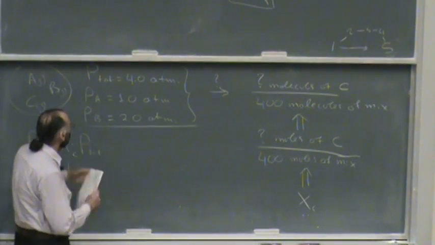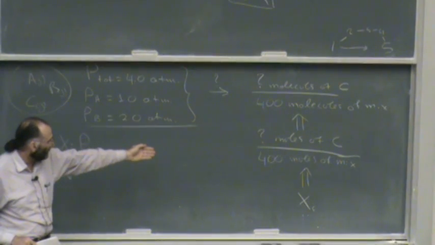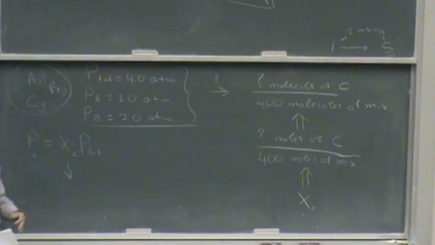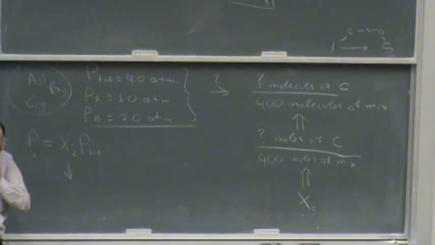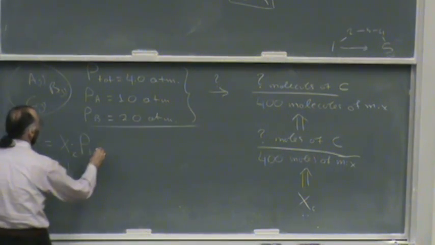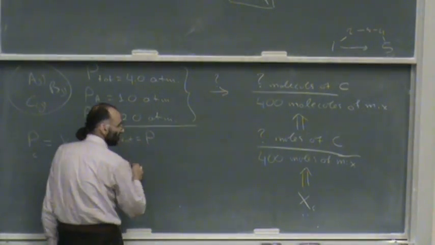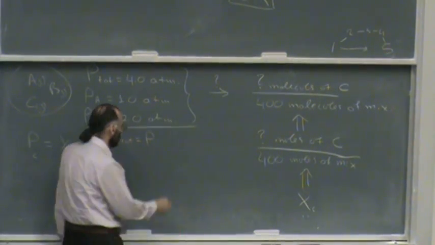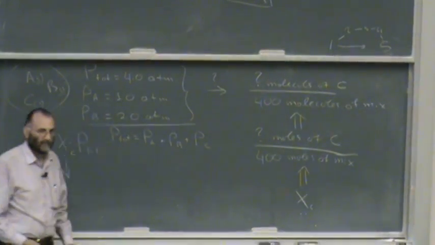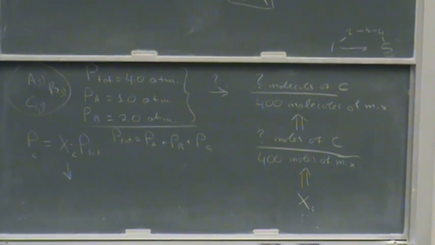Okay, so from this then, what do we have? We said ratio of molecules, ratio of moles, mole fraction. Instead of mole fraction, we need to find out the PC. That's it. When we have PC, we're done, right? So, how do I find PC? I find PC from the fact that P total is equal to the sum of the partial pressures of all, right? A plus B plus C. The partial pressures of oxygen and nitrogen and all gases here make the total pressure in the room, right?